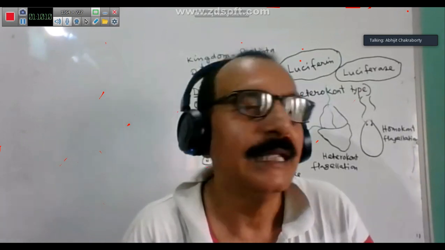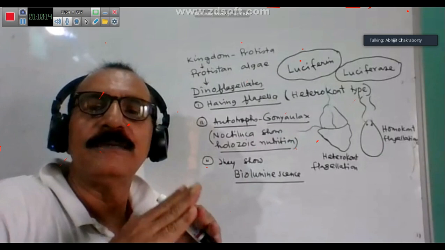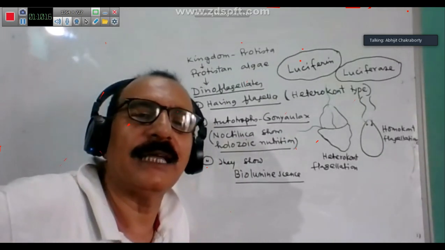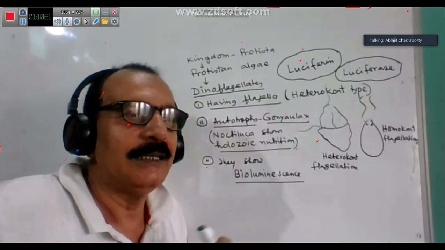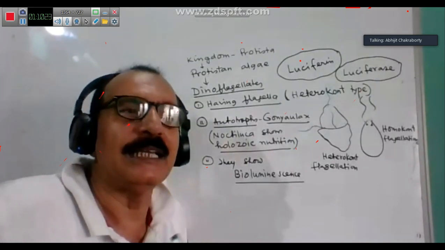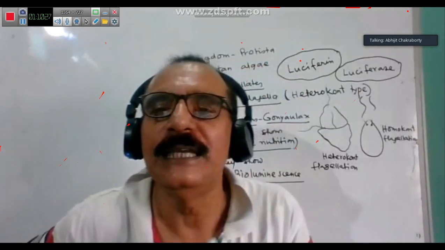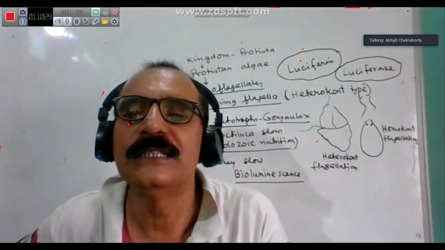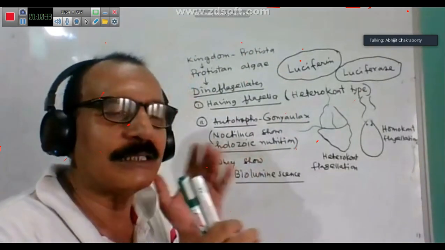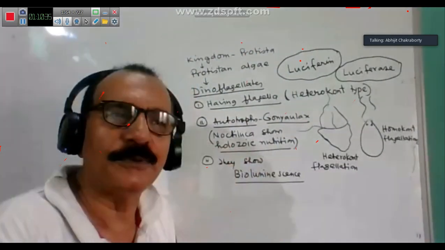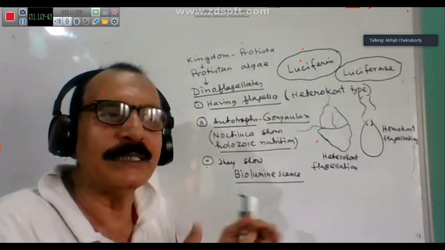Then this luciferin-ATP compound is broken down or oxidized by the luciferase, so that some energy of ATP is released as light energy. ATP has three phosphate groups, but one phosphate group is released as light energy.